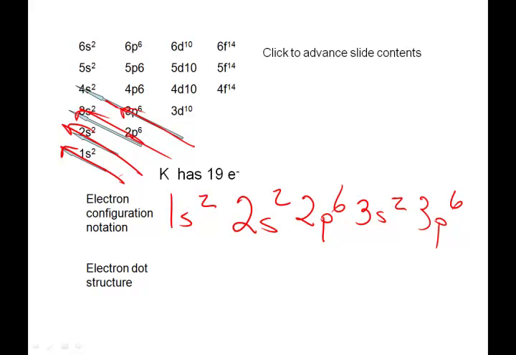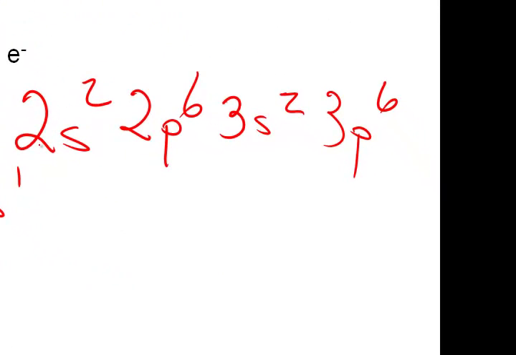Now notice, before we finish filling the third energy level and going on to 3d, first we go to 4s1. That's the 19 electrons that we would find in potassium. So we don't actually fill the third energy level before we go to the fourth.